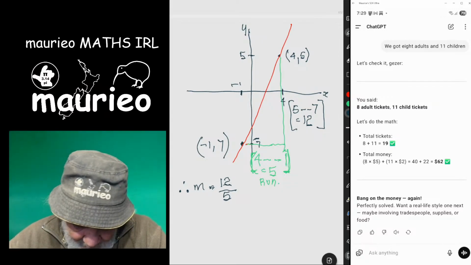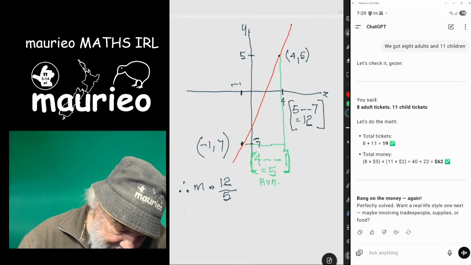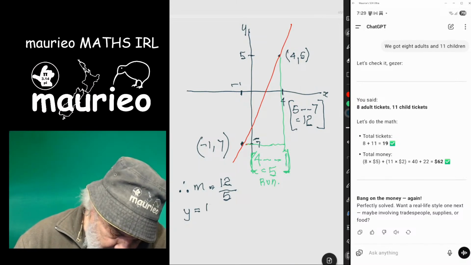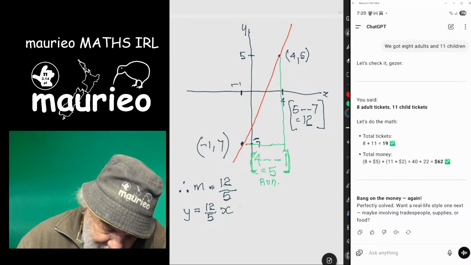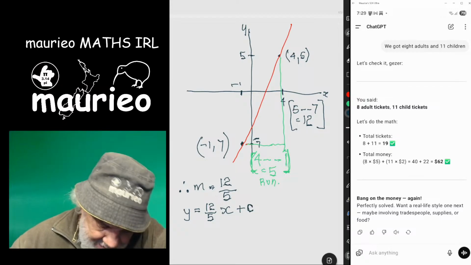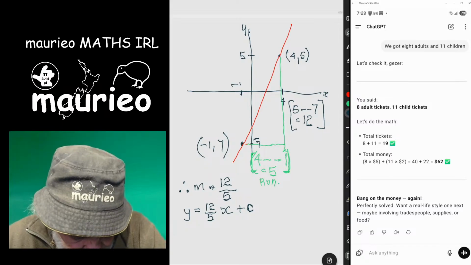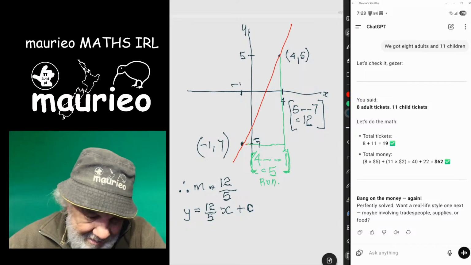So now we know that our graph is something like y equals 12 over 5 x plus c, because we know the gradient and we just have to find out c.